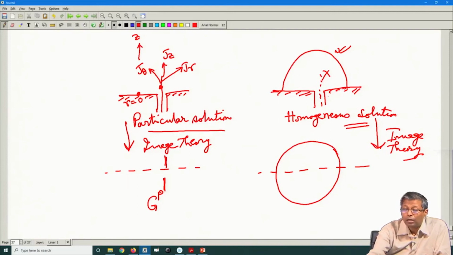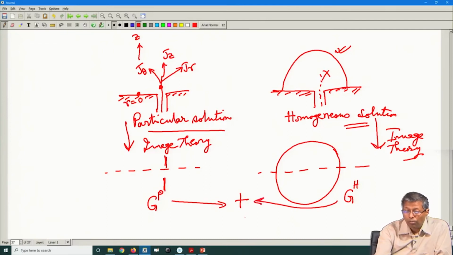The information regarding this boundary without the presence of the probe is contained in the Green's function labeled GH, the homogeneous Green's function. These two Green's functions are added together to form the total Green's function G.